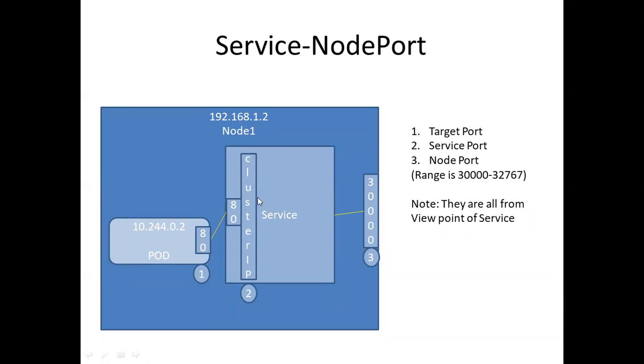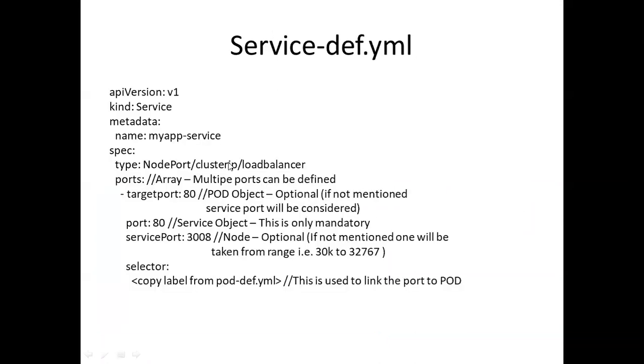So this is your service, this is your node port, the range is 30,000 to 32,000, this is your service side, and this is your pod port. And here the target port is optional. The only mandatory one is the service port.